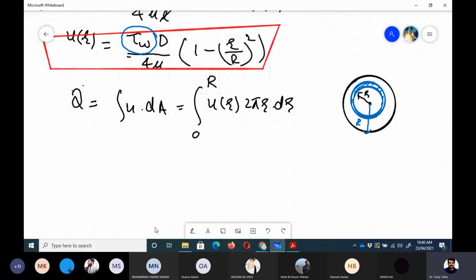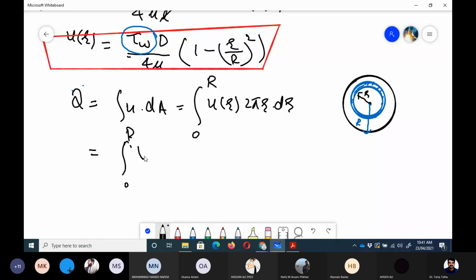From here I can write, from 0 to R, Vc into 1 minus r square upon R square into 2 pi r dr. So Vc is the center line velocity.